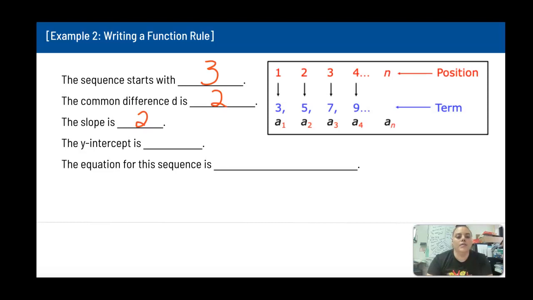The y-intercept is 3 minus 2, which is 1. So the equation for this sequence is y equals 2x plus 1. This will give us any term in the sequence. If I wanted the 87th term, I would put in 87 for x.